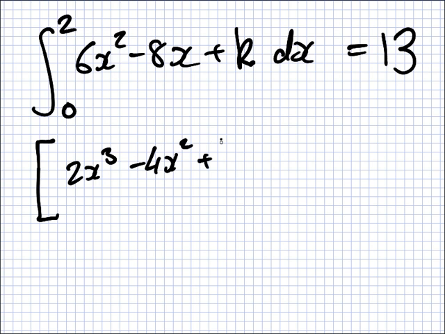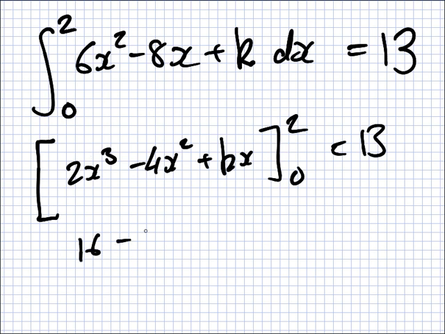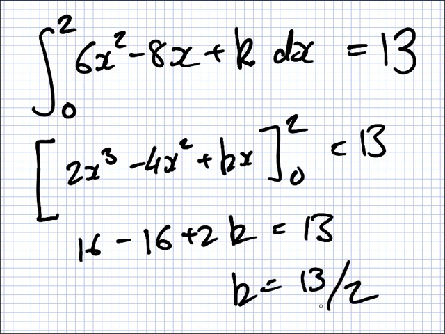And then this one, kx. Plus, and 0, 2 equals 13. Now, I won't bother putting in 0 because I'll get 0. 16 minus 16 plus 2k equals 13. So k is 13 over 2.